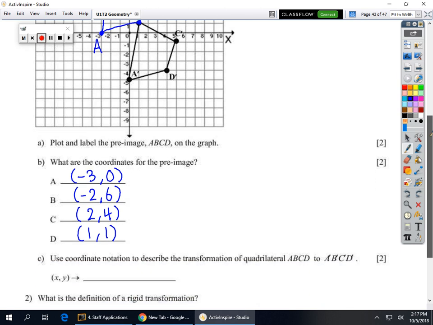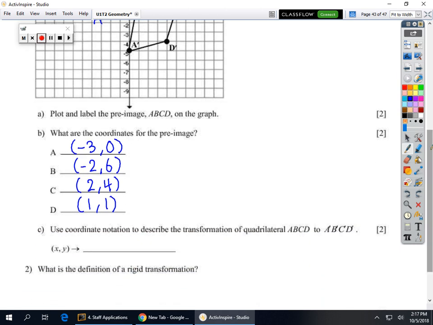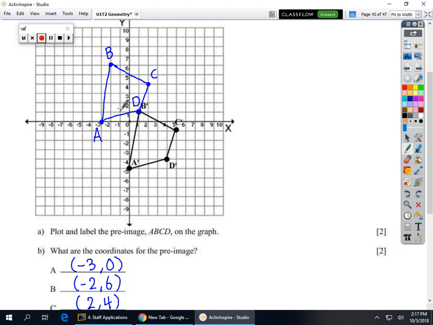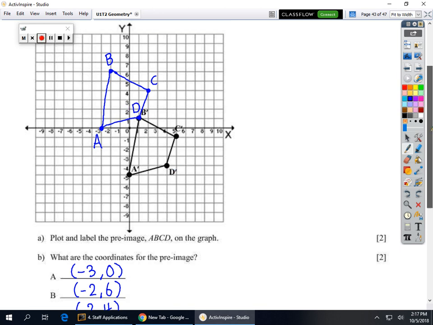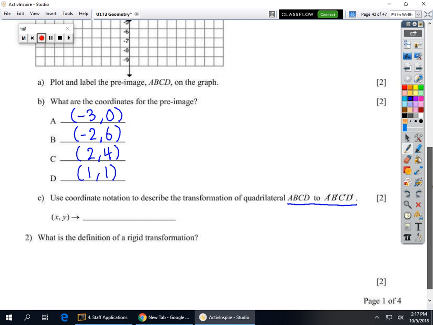Moving on, the next question asks, use coordinate notation to describe the transformation of quadrilateral ABCD to A prime, B prime, C prime, D prime. Meaning, I would like the transformation from the pre-image to the image. Well, they've actually told it to us up here. It's translating 3 to the right, 5 down. So we're going to put that in coordinate notation.